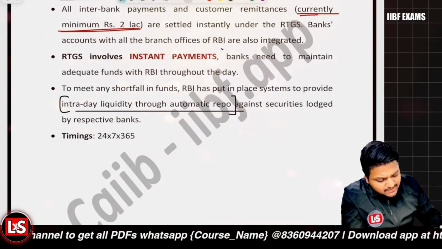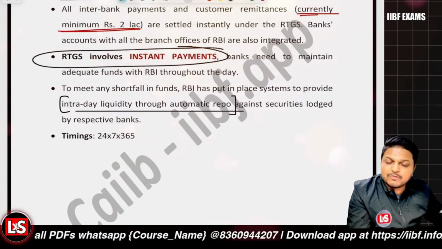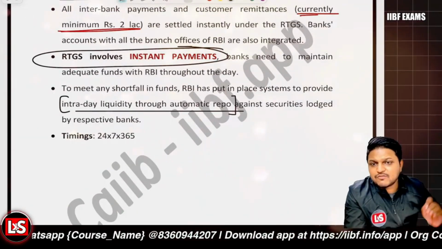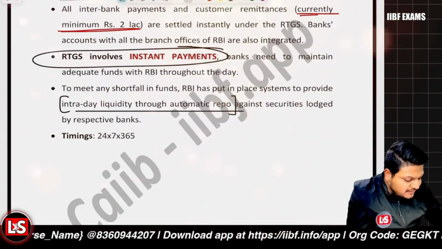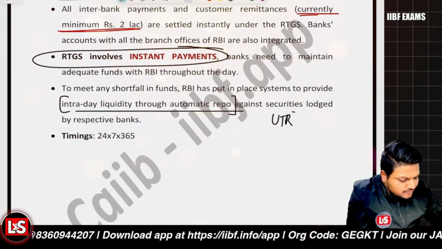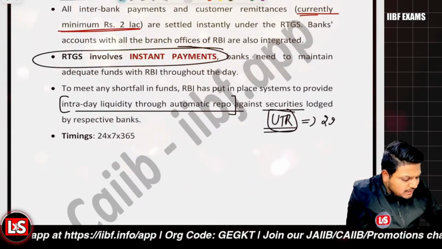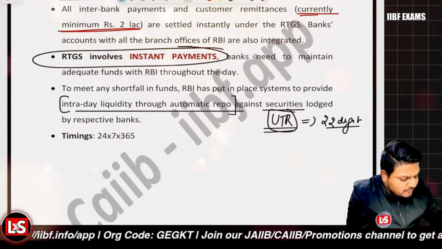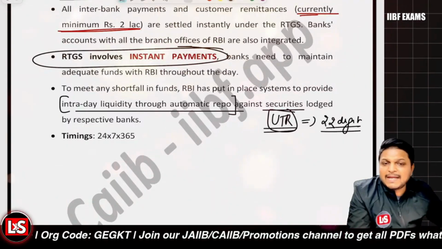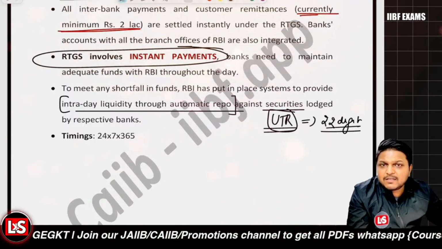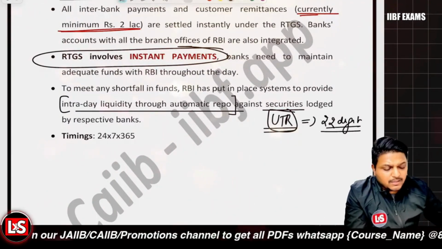RTGS is related to instant payment. When you do the transaction, it will be settled itself, and you'll get a UTR number, a Unique Transaction Reference number. That's a 22-digit number that you get for reference purposes, so that you can get back to the transaction. Clear about that?